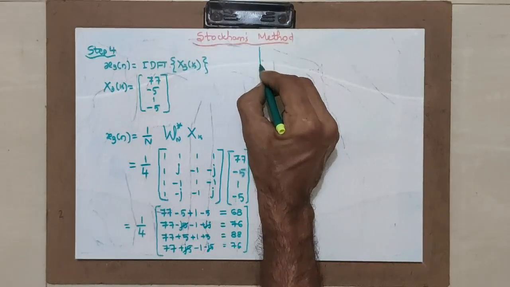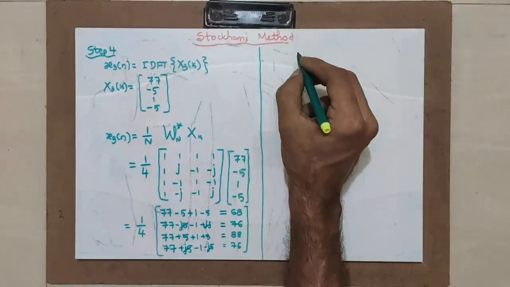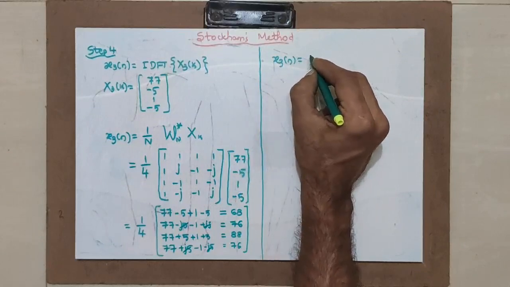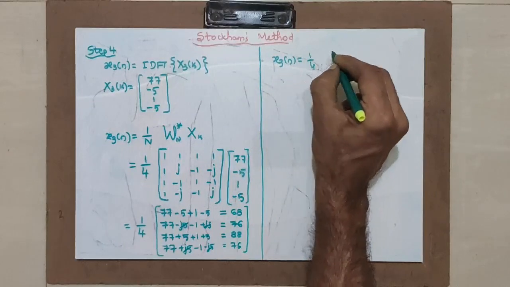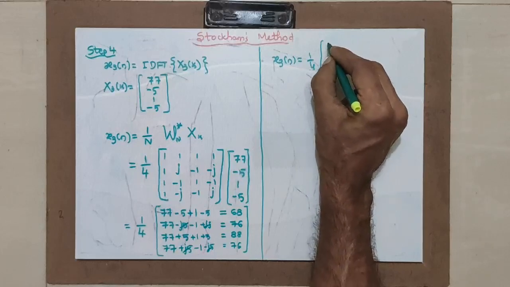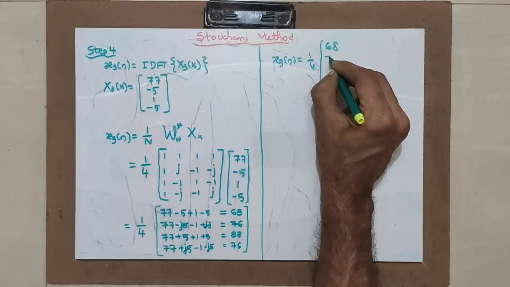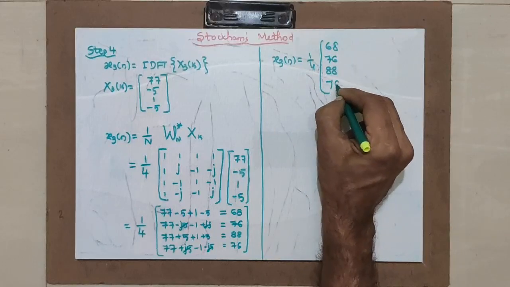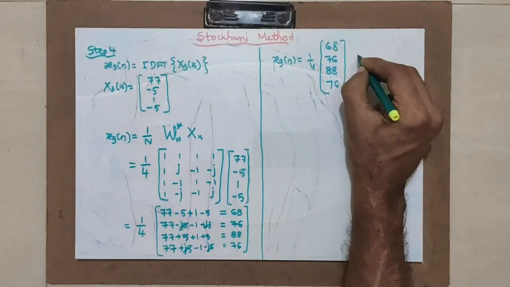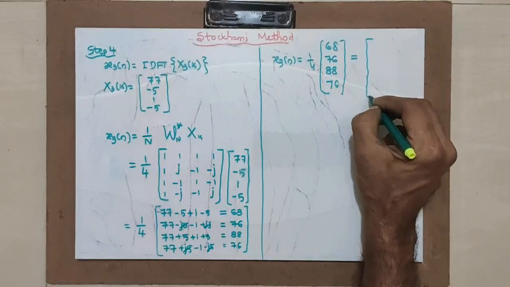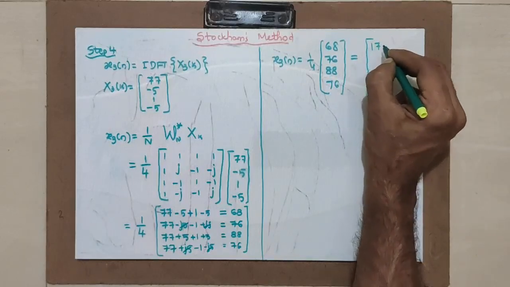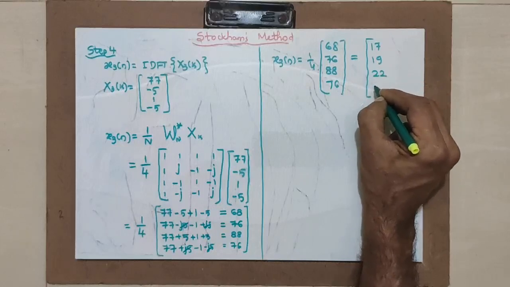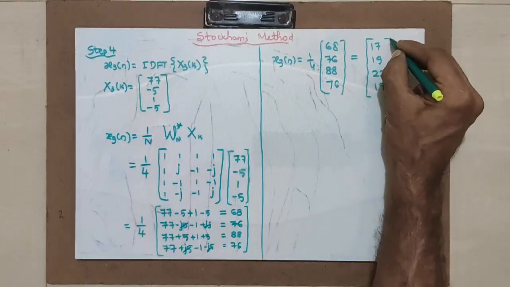Now you got X3(n), which is equal to 1 by 4 times 68, 76, 88, 76, which is nothing but 17, 19, 22, 19.